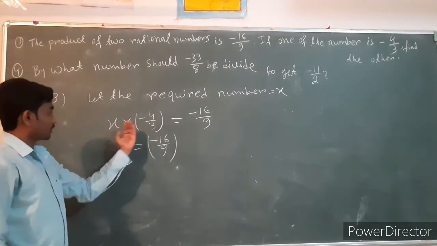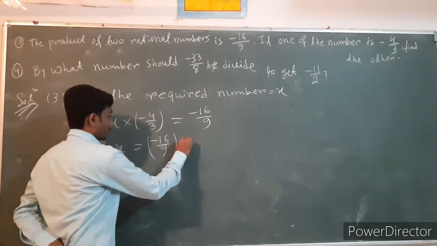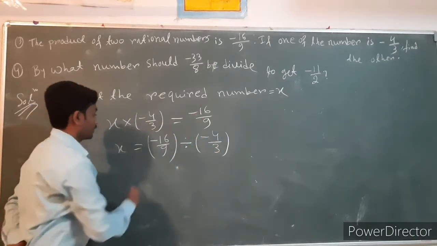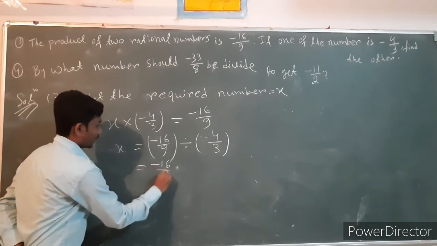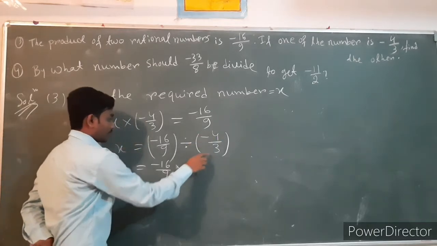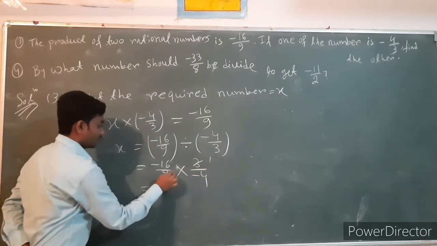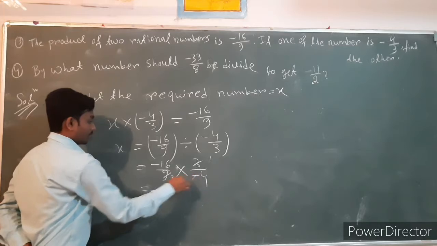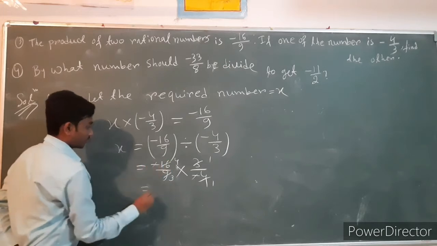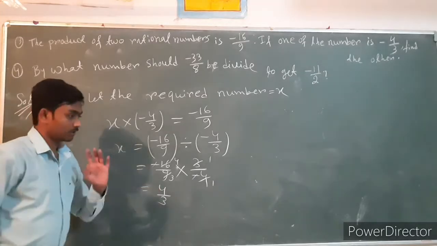When we transfer minus 4 upon 3 to the right side, the multiplication becomes division. Side change, sign change. So minus 16 upon 9 multiplied by the reverse number 3 upon minus 4. 3 1 3, 3 3 9, minus 4 upon 4 1 4, 4 16. So 4 upon 3. Hence the required number is 4 upon 3.